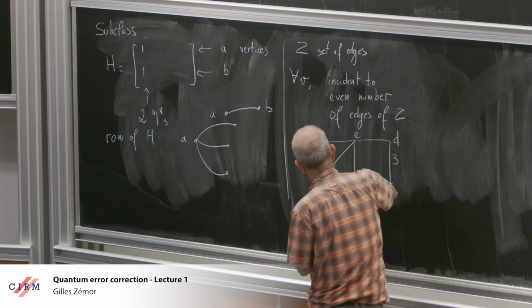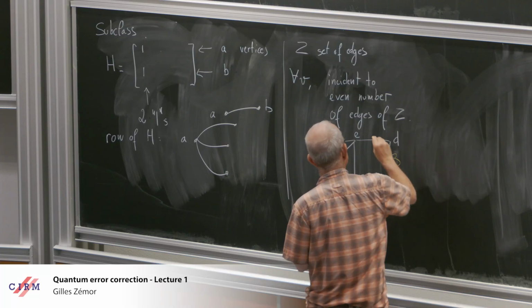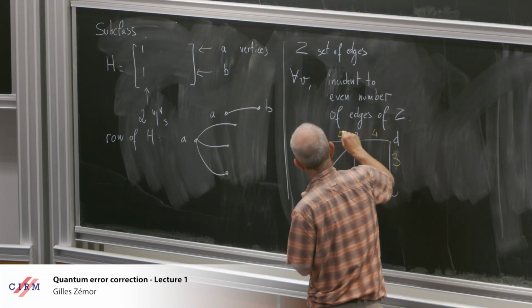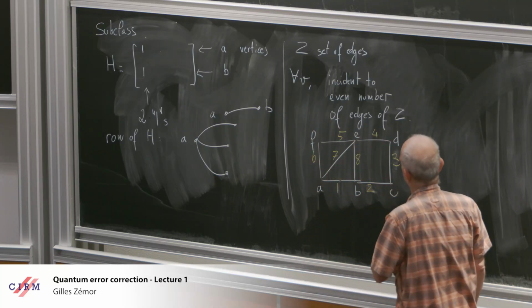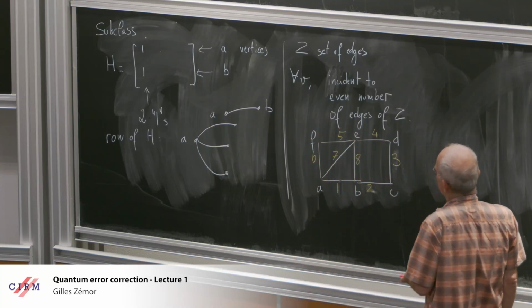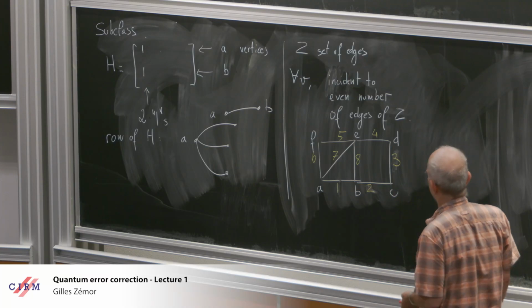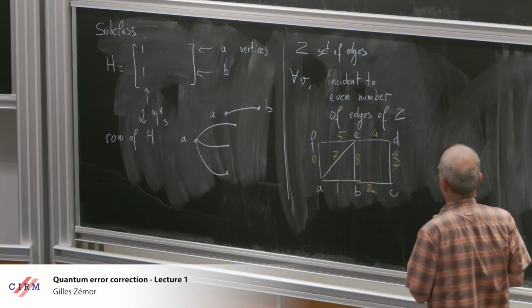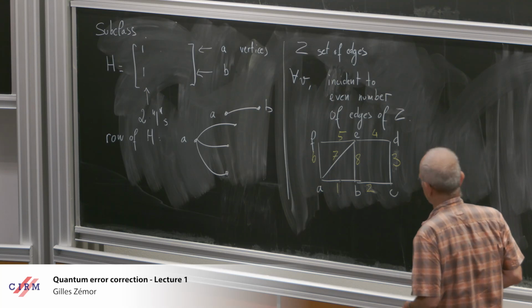Maybe I'll use color here. 1, 2, 3, 4, 5, 6, 7, 8, for example. So here we've just created a code of length 8 and a parity check matrix with 6 rows.